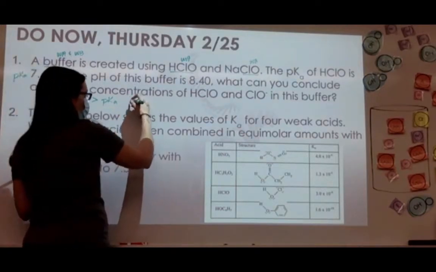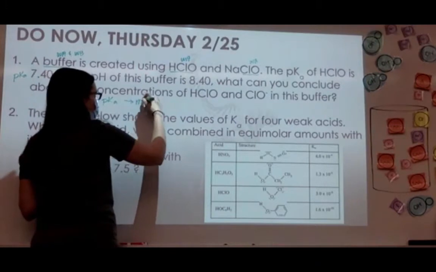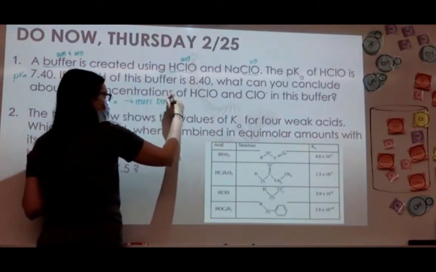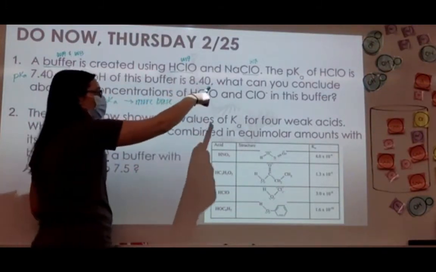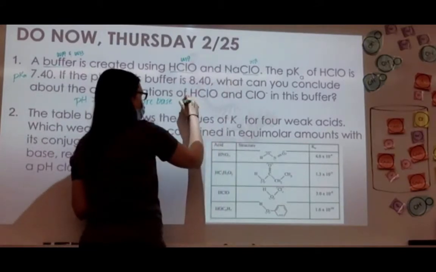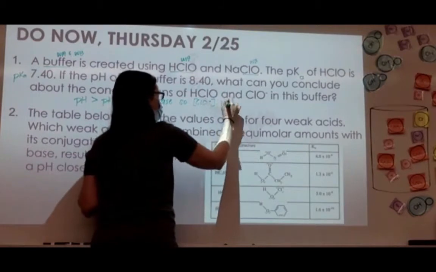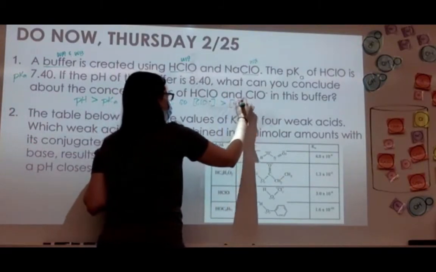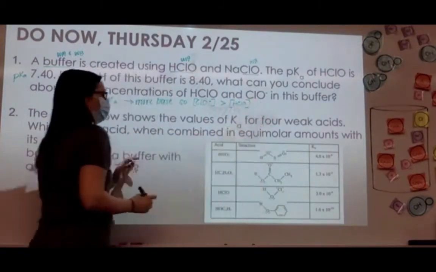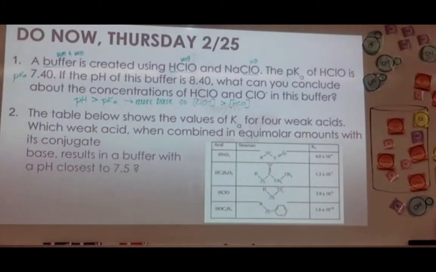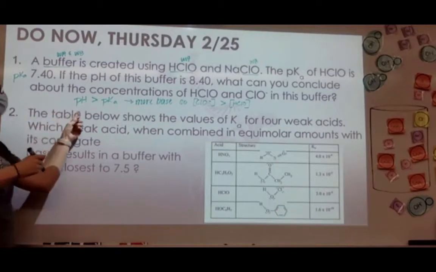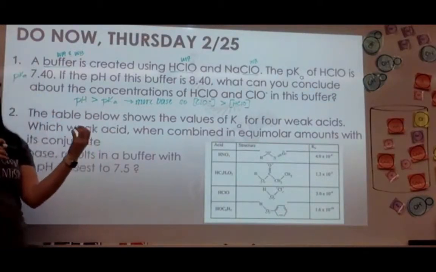So if the pH is greater than the pKa, there's more base. And if we look at the buffer, the basic part is ClO minus. So I'll say the concentration of ClO minus is greater than the concentration of HClO. If the pH were less than the pKa, that means it would be more acidic, so there would be more acid.